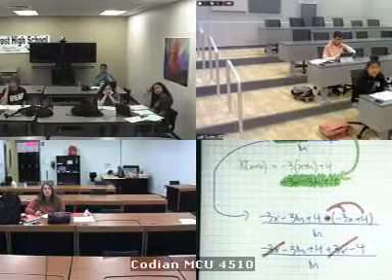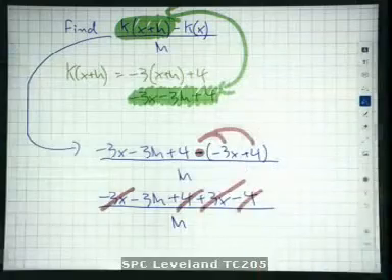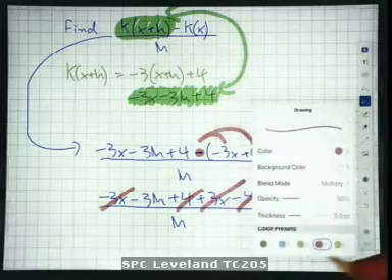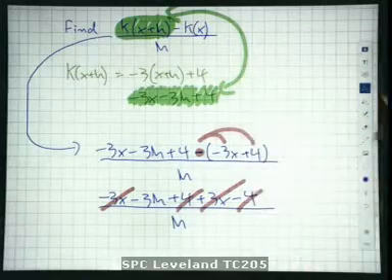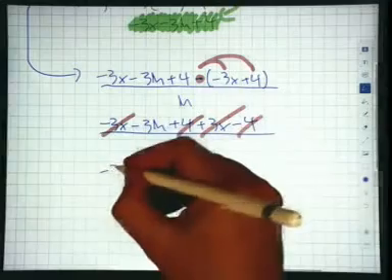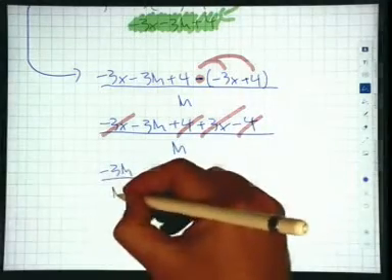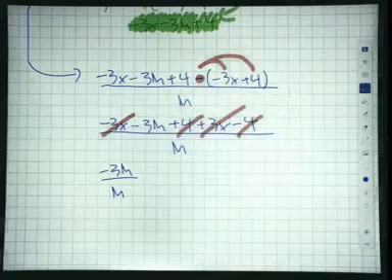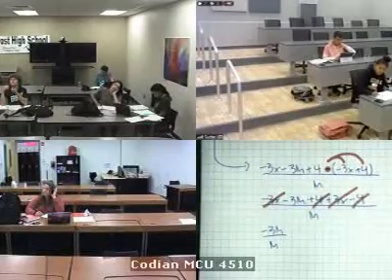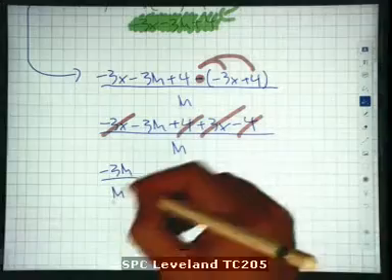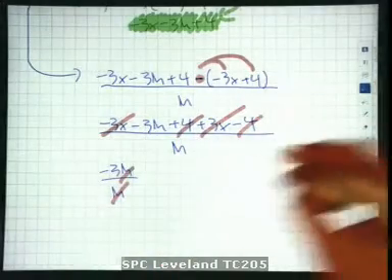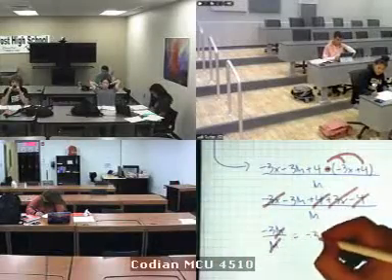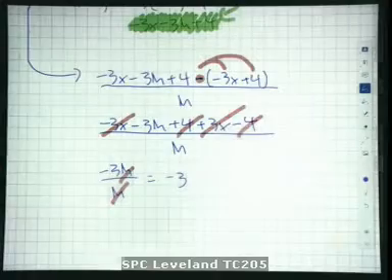The positive and negative 4. And we're left with the negative 3h over h. Now what cancels out? The h's. And what are we left with? Negative 3.